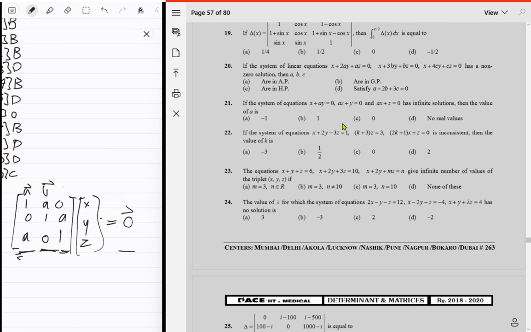Then you have x a vector plus y b vector plus z c vector equal to our zero vector. But we know that a vector can be written as some linear combination of b vector plus c vector. So you get y plus px times b vector, plus z plus qx times c vector, equal to zero vector, which clearly means this is also coplanar.